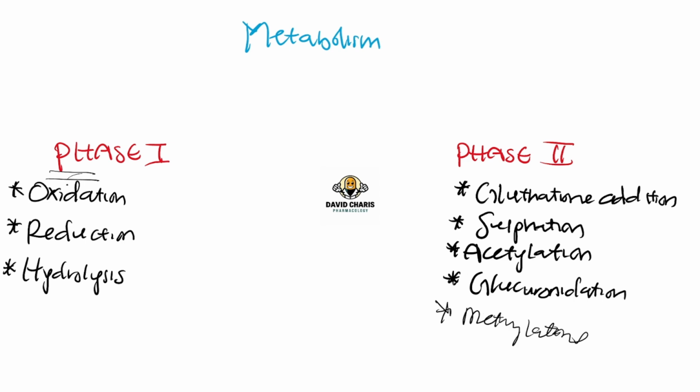Now, what do phase 1 and phase 2 mean basically? Phase 1 basically is the introduction of a functional group or the unmasking of a functional group that already exists in the drug. Don't forget that the metabolism of a drug seeks to do four things. The first is the conversion of the drug from active to inactive, so it can be easily excreted, or from polar to non-polar, or from lipid soluble to water soluble, so it can be easily excreted by the kidney.